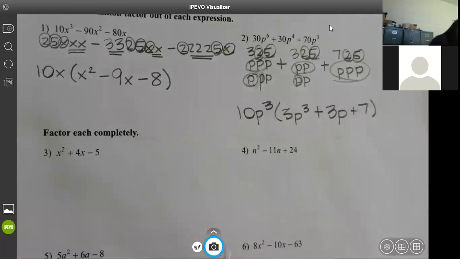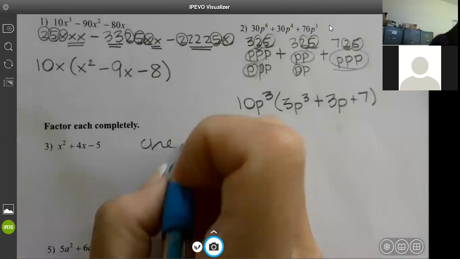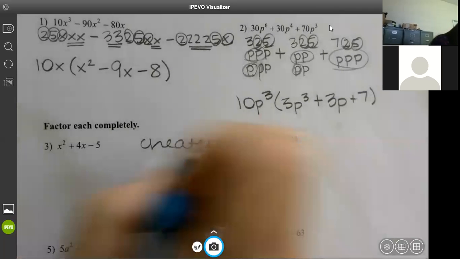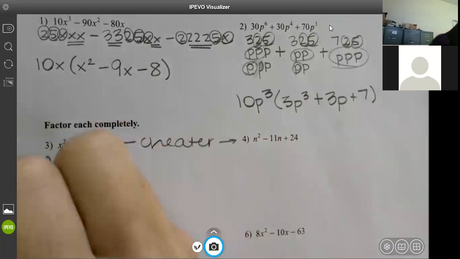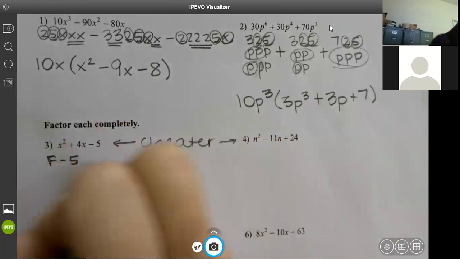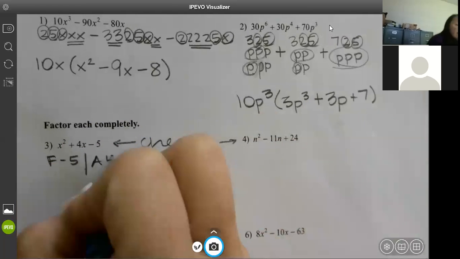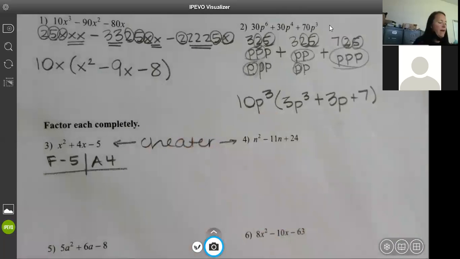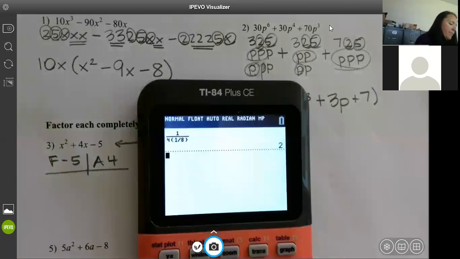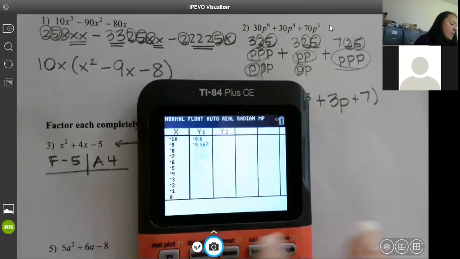So remember, for cheater method, we find factors of the last that add to the middle. Factors of the last that add to the middle. So we're going to go into y equals.